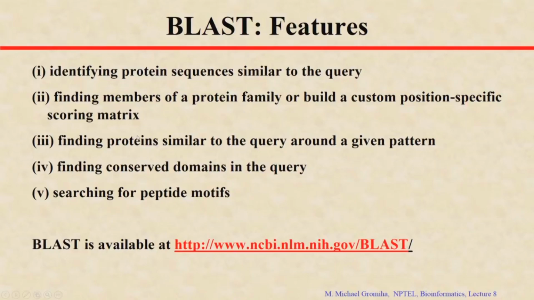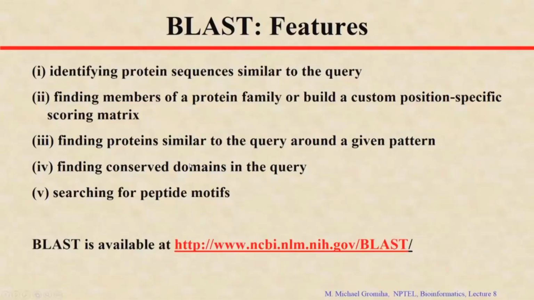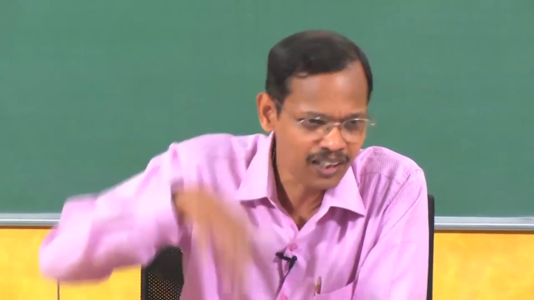Then you can identify some patterns. If there are any patterns in your query with the available sequences, you can identify the patterns or the motifs in your query. Also you can see any conserved domains, any regions of the sequence which are similar in all the sequences.